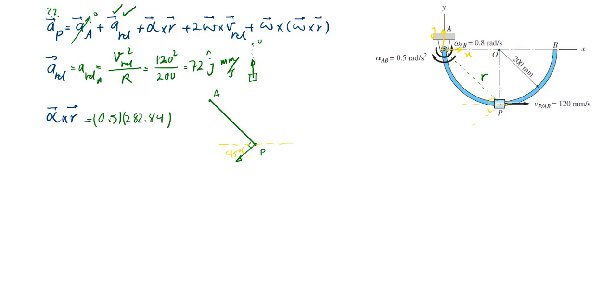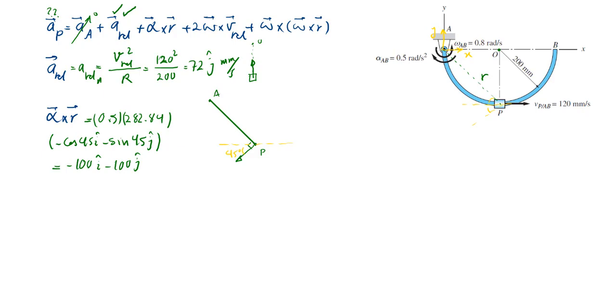And I decompose the vector in X and Y: minus cosine 45 i minus sine 45 j. Do that, you'll get minus 100i minus 100j.